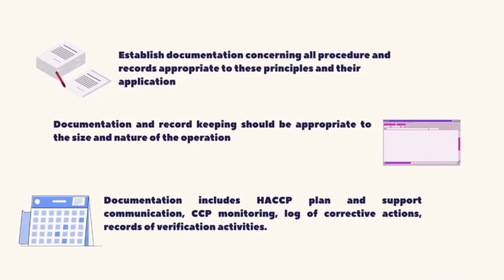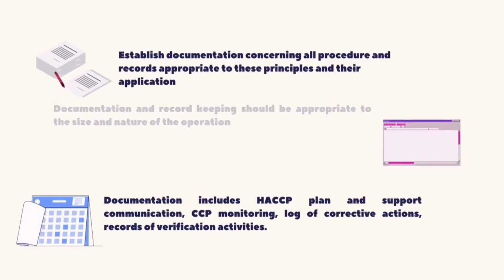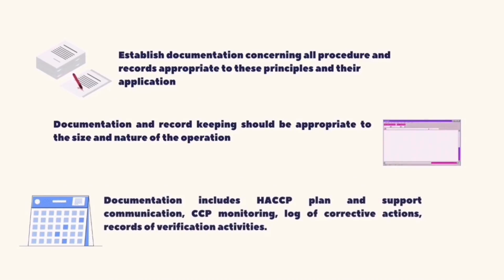Establish documentation concerning all procedures and records appropriate to this principle and their application. Documentation and record keeping should be appropriate to the size and nature of the operation. Documentation includes the HACCP plan and supporting communication, CCP monitoring, log of corrective action, and record of verification activity.